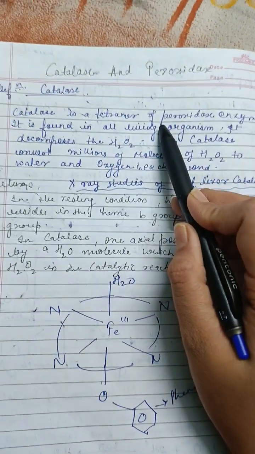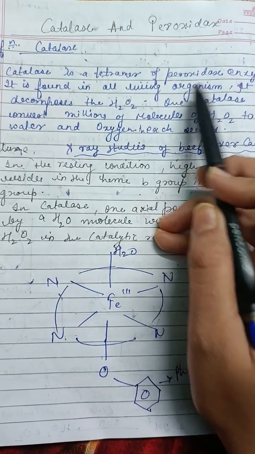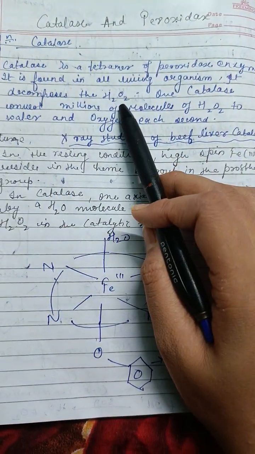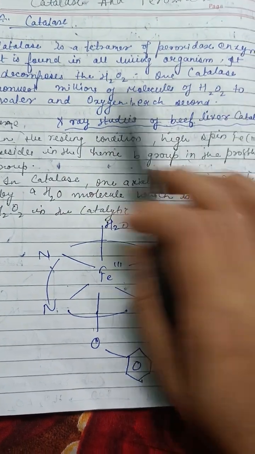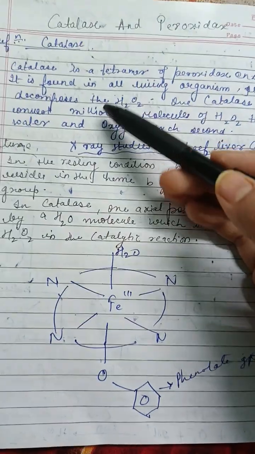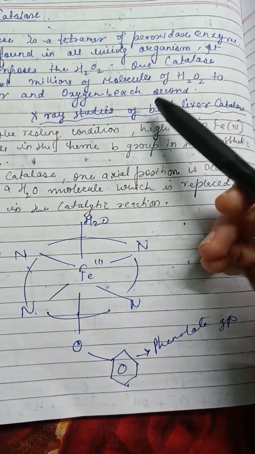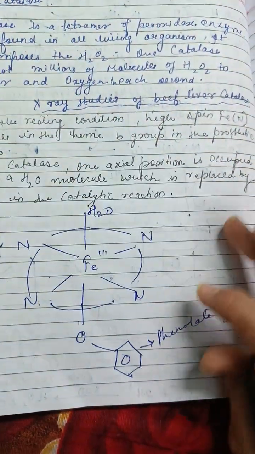Catalase is a tetramer of the peroxidase enzyme. It is found in all living organisms and decomposes hydrogen peroxide. One catalase converts millions of molecules of H2O2 to water and oxygen in each second. Here you can see the power of catalase.